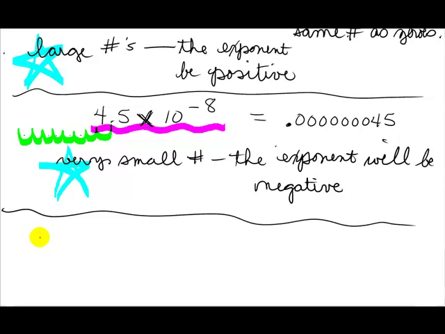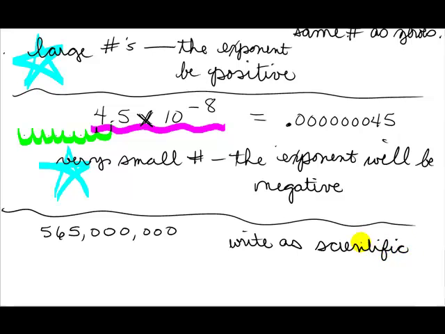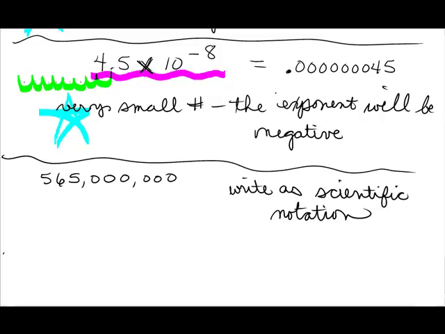If we want to take, let's say, 565 million, and we want to write it as scientific notation, then we want to show where our period would go. Our period's going to go right there when we write it as scientific notation. So we'll have 5.65 times 10.